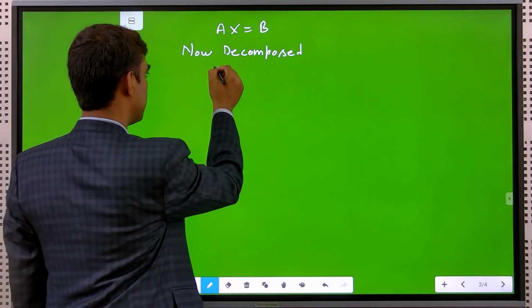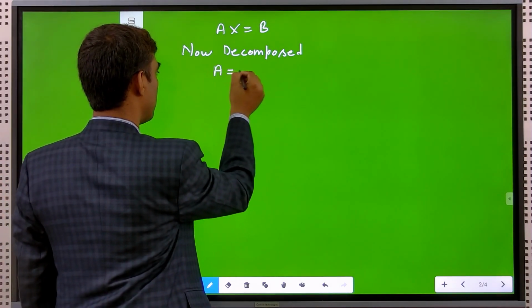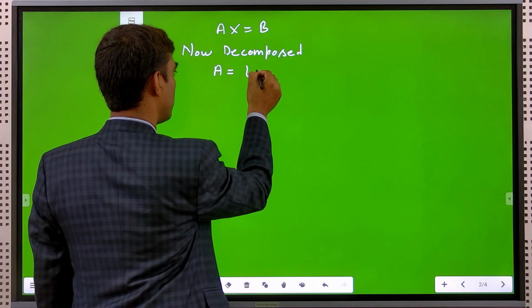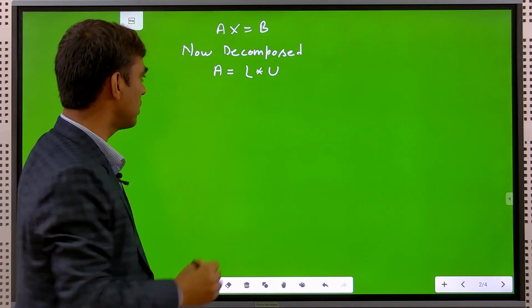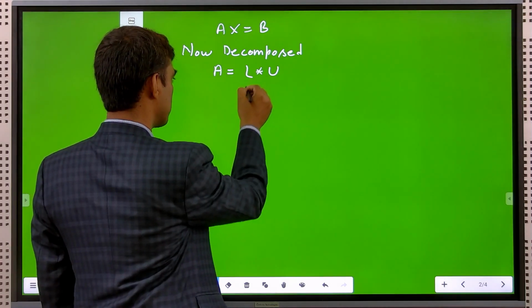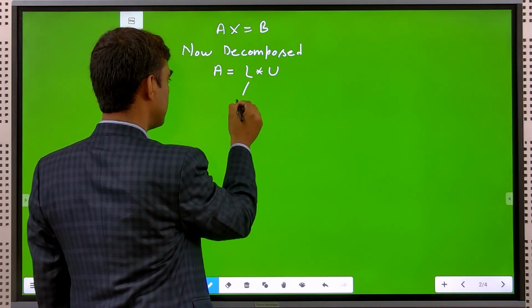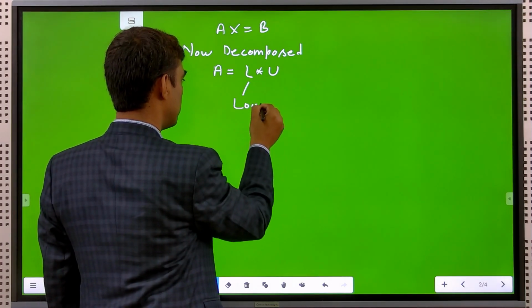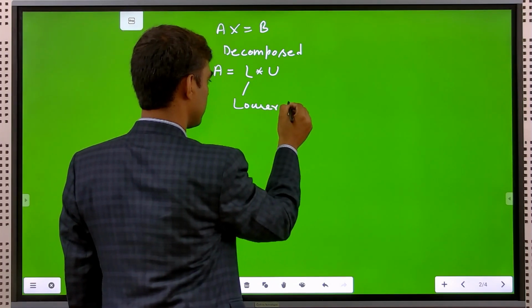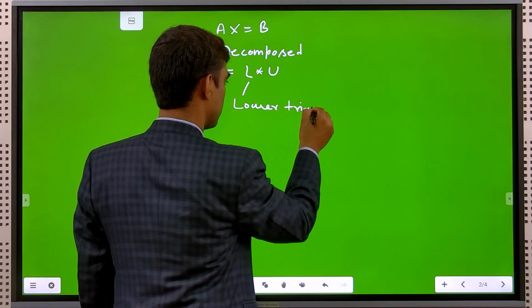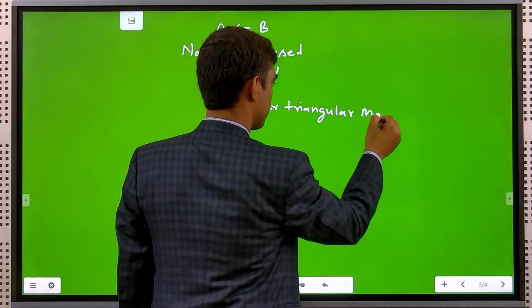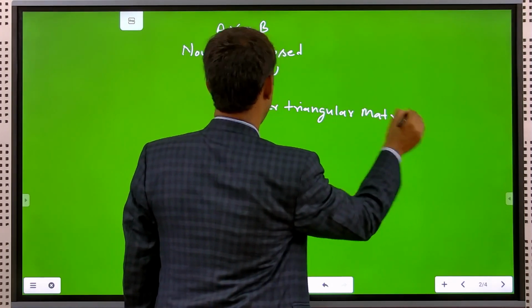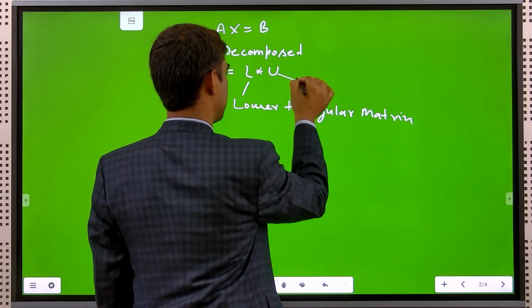So we write A equals L into U, where L is a lower triangular matrix and U is an upper triangular matrix.